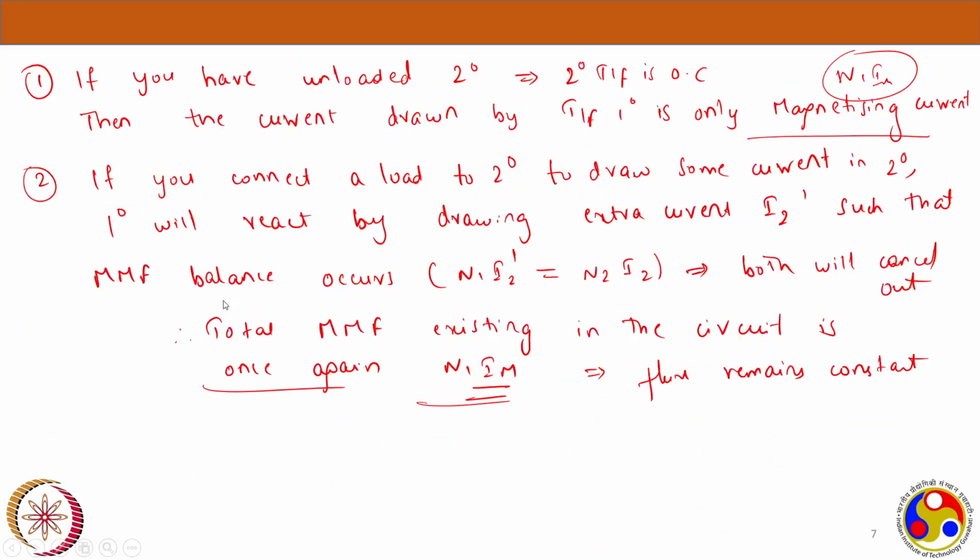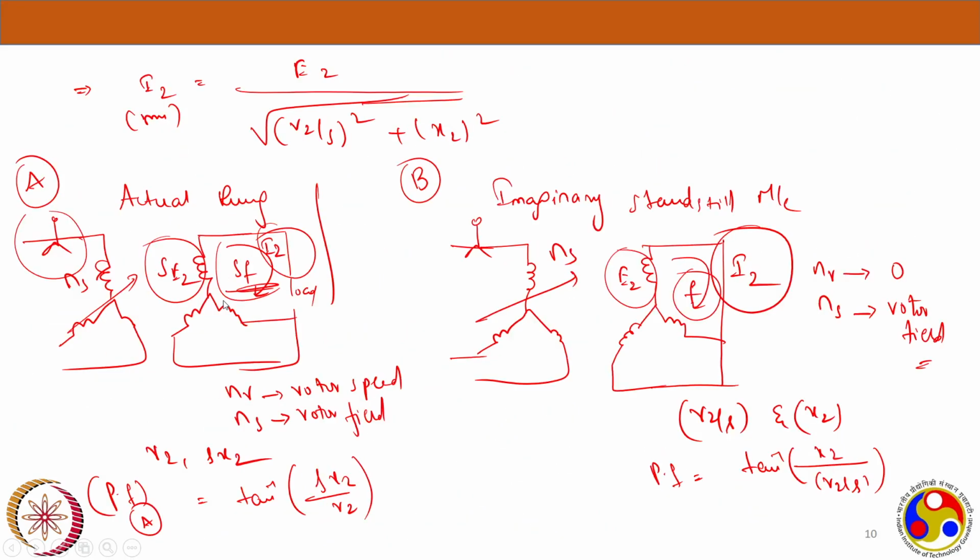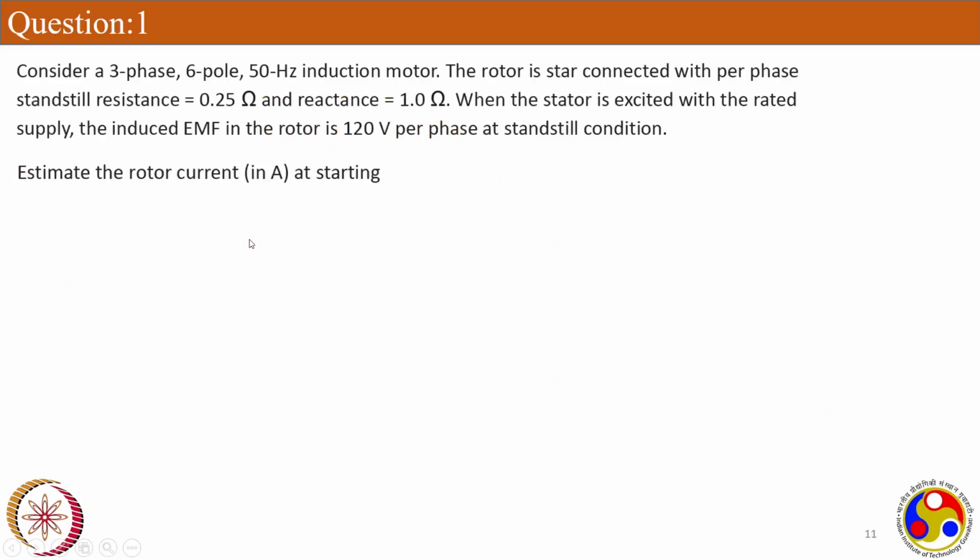But now people have come up with a solution. They have modified this secondary rotor circuit by pretending that the motor is a stationary motor at standstill condition with a different kind of resistance. So we will see that even more clearly now.